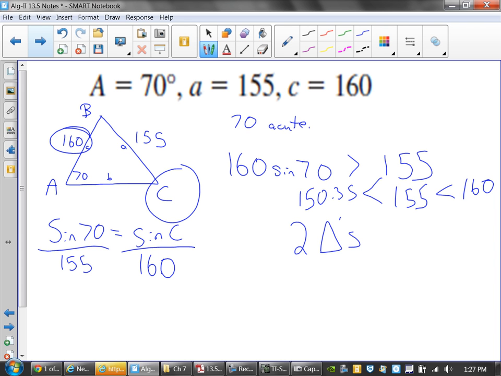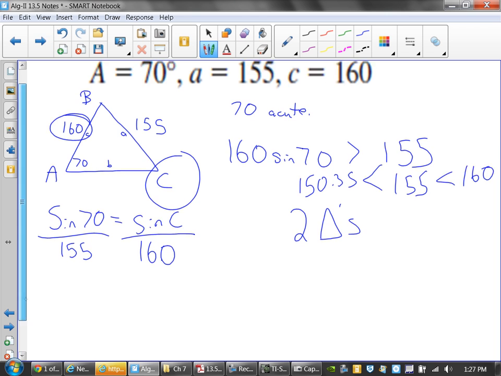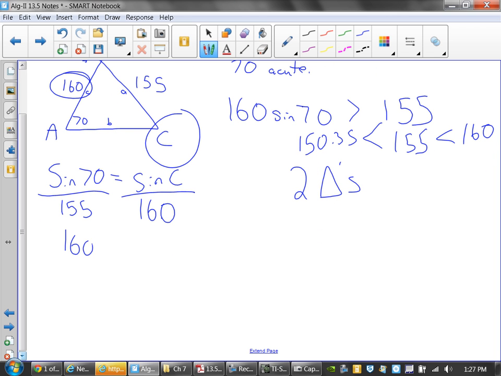What buttons do you have to remember to press when you're trying to find the angles? Inverse. Okay. We have to do the inverse again here. That's just for finding the angle. You only have to get the inverse when you're dealing with the angle measure.